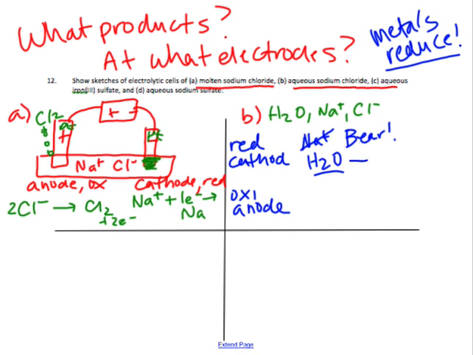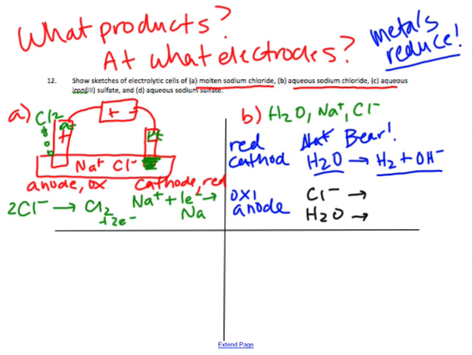All right, so H2O reduced, what do we make? H2 and OH-, because it's reduction and it's basic. So at the cathode, we produce these two things. Now, what are our options at the anode for oxidation? Cl- or H2O.